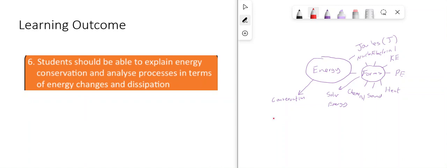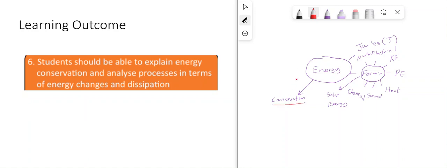We looked at how mechanical energy from the movement of the wheel on a bike can be turned into electrical energy through a dynamo, and then that can be turned into light energy when it runs through a filament in a light bulb. So conservation of energy is just how energy is changed from one form into another.